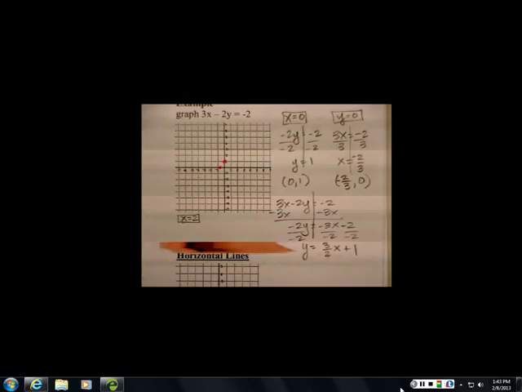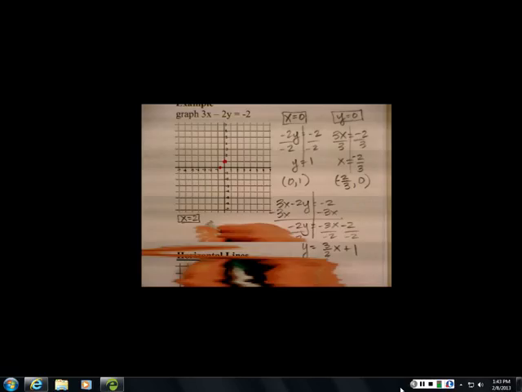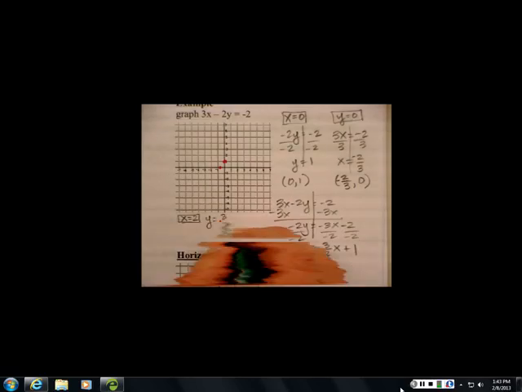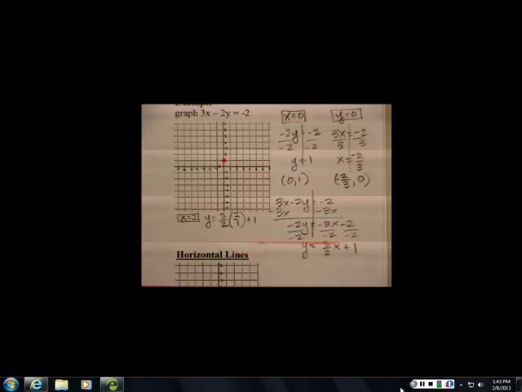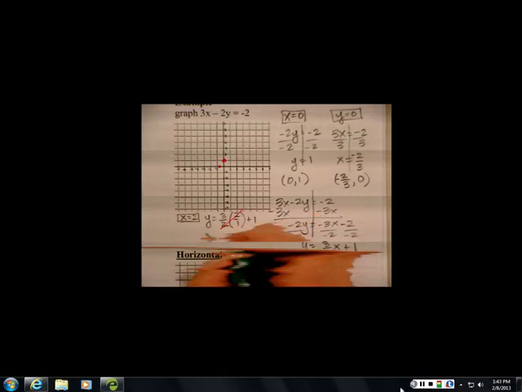I have y equals 3/2 times 2/1 plus 1. My 2's are going to cancel. I have y equals 3 plus 1, y equals 4.